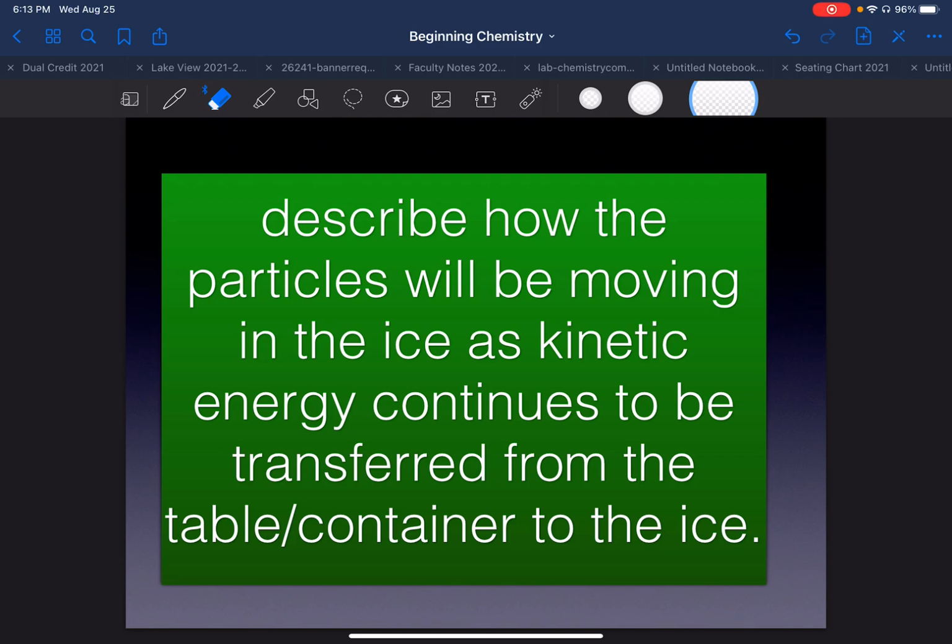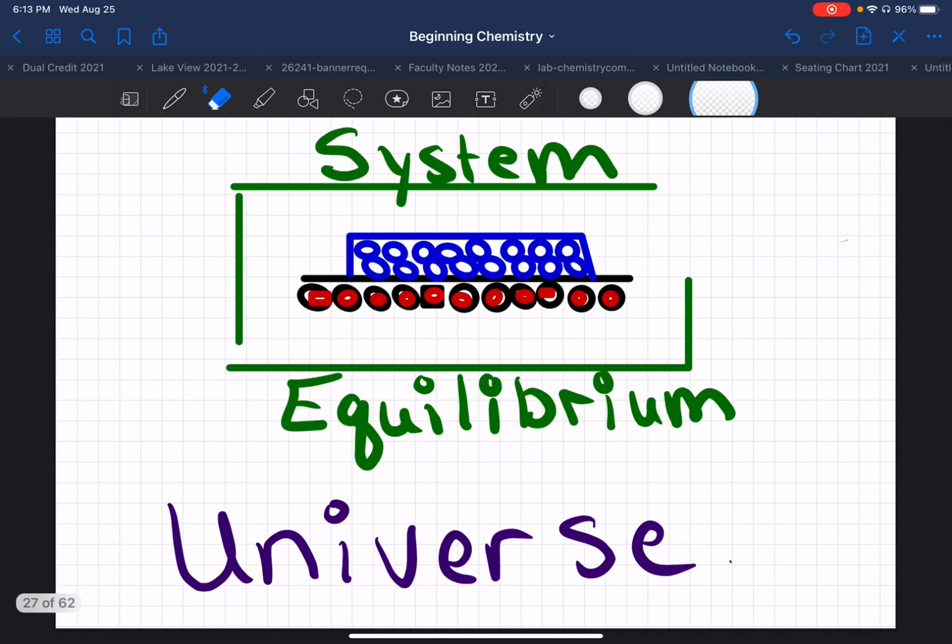Eventually, we ended up discussing that here I have my table, and that's represented by the black line. I'm simply going to draw the particles as circles. Since the table's in a solid state, all those circles are next to each other, kind of crowded in together.